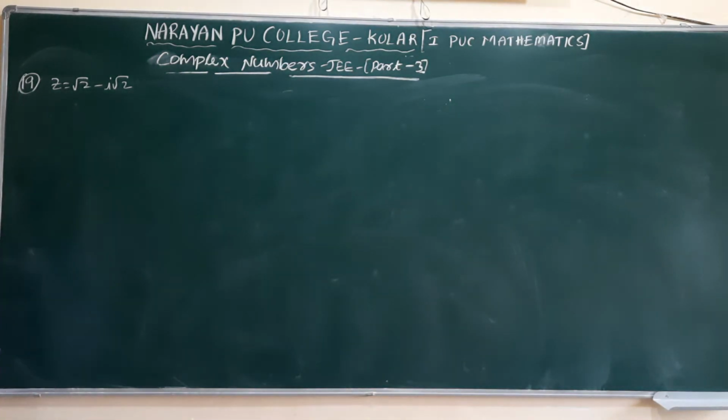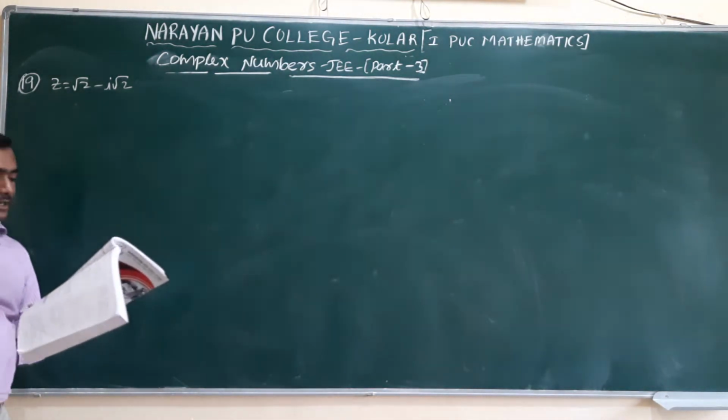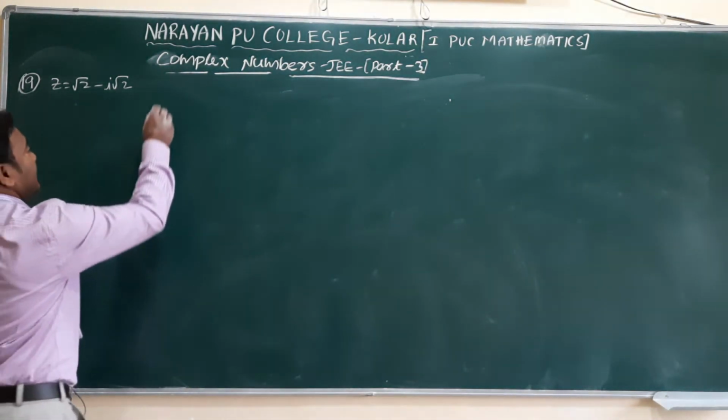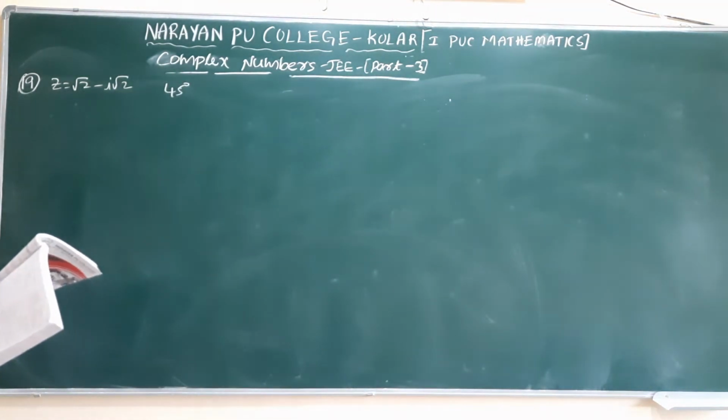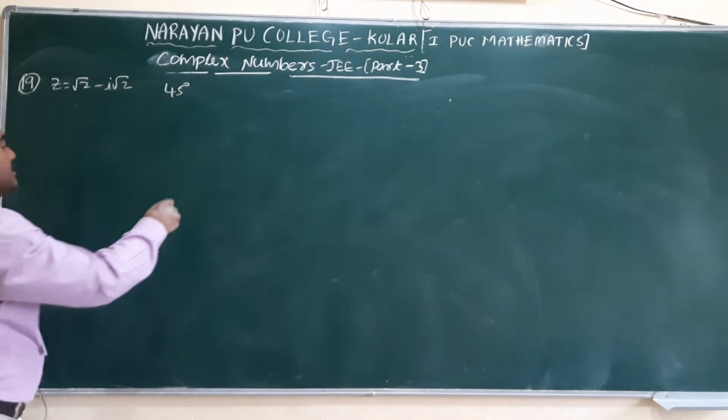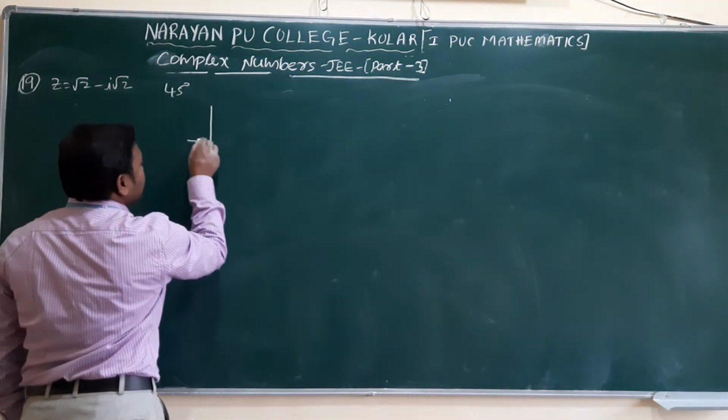Here root 2 minus i root 2 rotates through an angle 45 degrees in the anti-clockwise direction about the origin.